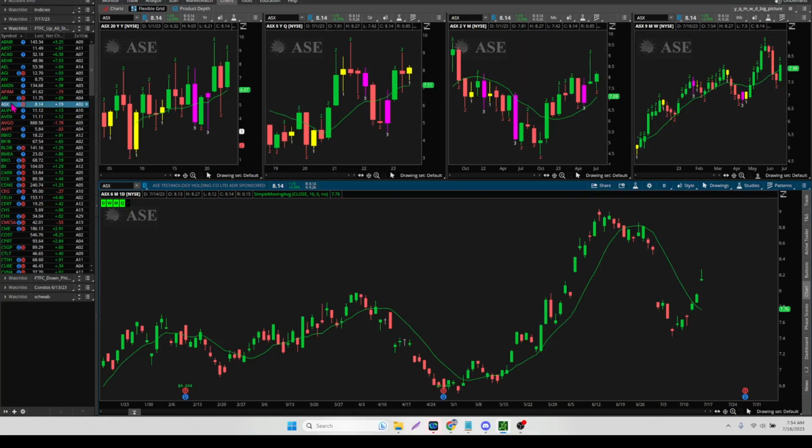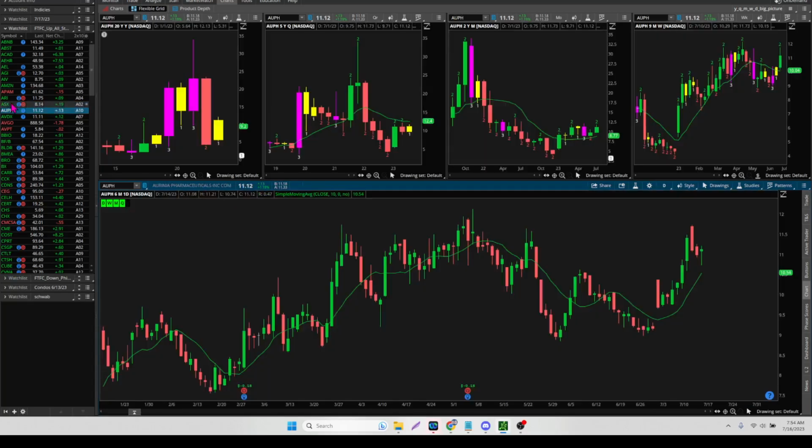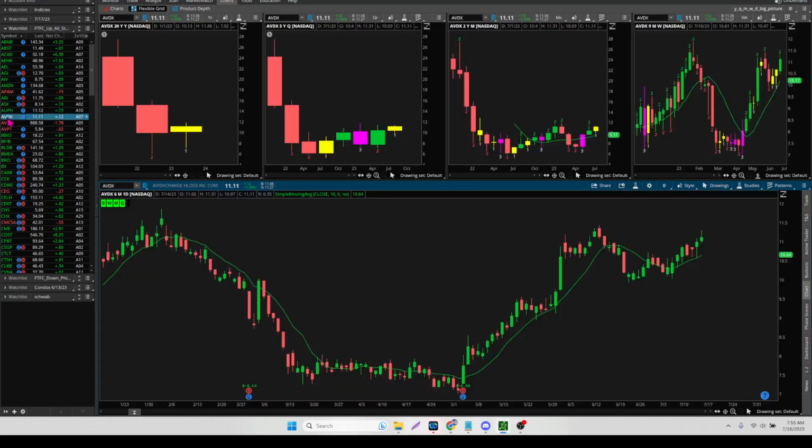So let's just keep going through. We'll see if we can find something here worthwhile. Look at how this pharmaceutical company went 2 up, 2 down, and then we put in this nice hammer here. I don't trade biotech a whole lot, but the setup is there if you want it.